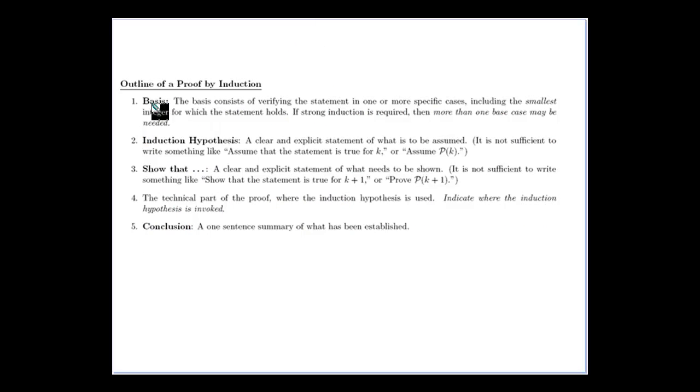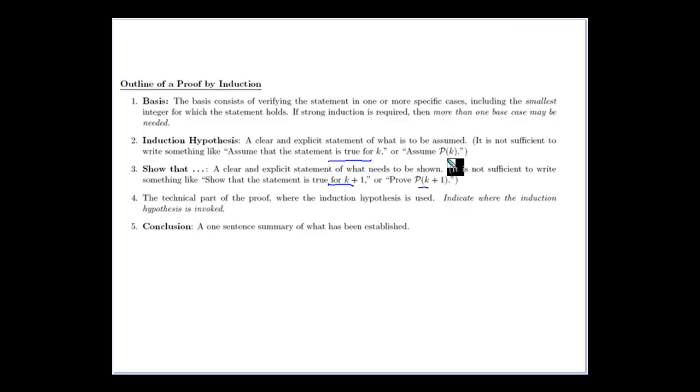To put it another way, this is another outline. The basis: we start with the smallest integer for which the statement holds, and in strong induction, more than one base may be needed, so we might need to do a couple of numbers. Then we have a clear and explicit statement of what we assume: assume this statement is true for k, and then prove that it's true for the next one, k plus 1.